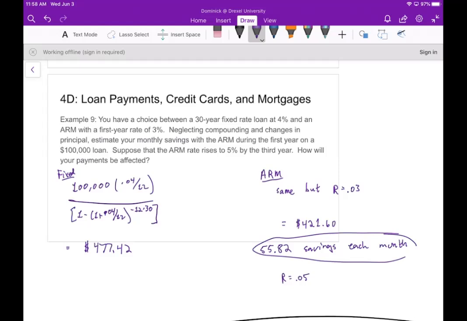And in that case, your payments would then become $536.82, right, which is significantly more. So this is one of the things that you would have to weigh when you're deciding between a fixed rate mortgage and an adjustable rate mortgage.